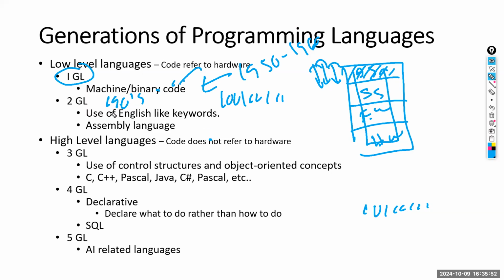That means the programmer refers to the computer architecture when writing programs, like memory addresses, register numbers, and so on. But it's a little bit of improvement because no longer do you write 1-0 level code. You can refer to memory addresses and so on. And the most popular second generation language is assembly. Okay.